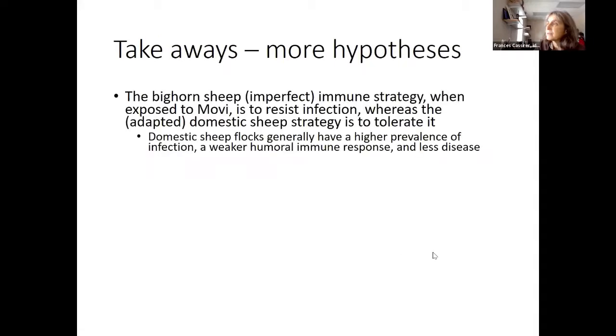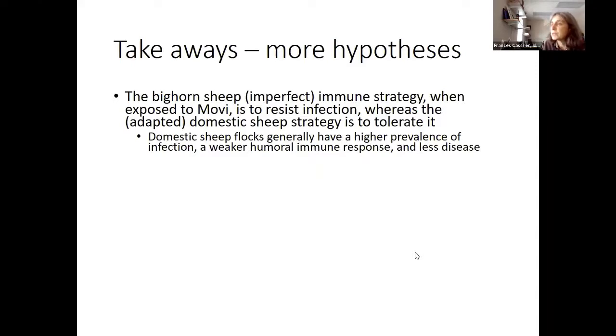So my takeaway from this, as to why this happened, is that I think the Bighorn sheep immune strategy, such that it is, is to resist infection. Now, in the adapted host, domestic sheep, the strategy is mostly to tolerate it. Evidence that supports this is that domestic sheep flocks generally have a higher prevalence of infection than wild sheep.